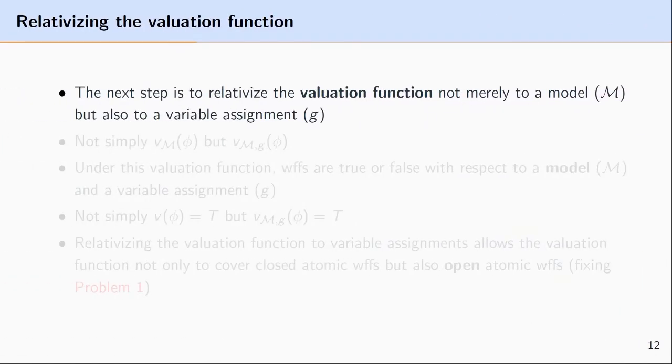So with the notion of a variable assignment in place, we can relativize our valuation function. Not merely define formulas as being true or false relative to a model, but define the valuation function relative to a variable assignment as well. We indicate this by writing not V sub the model, that is the value of phi relative to the model, but the valuation relative to the model and the variable assignment.